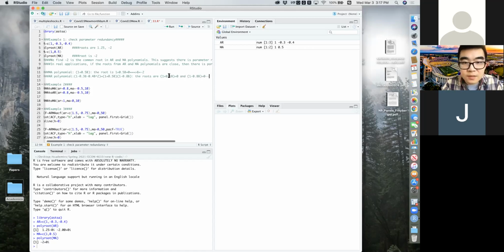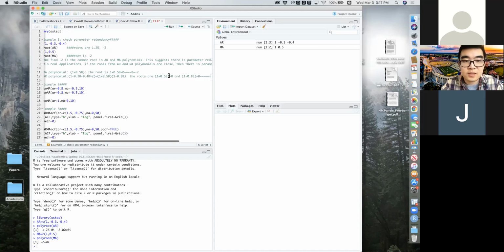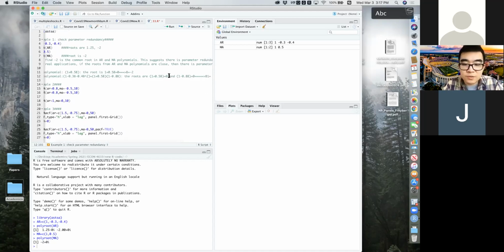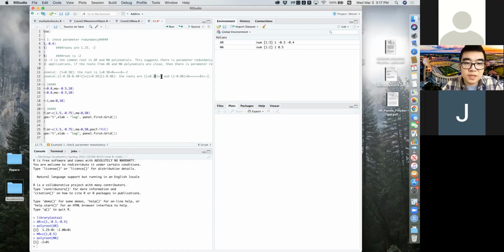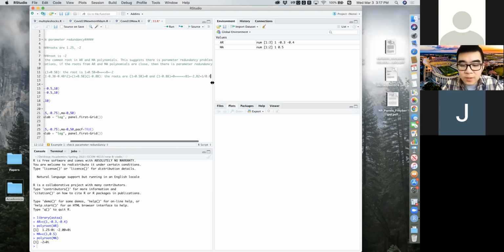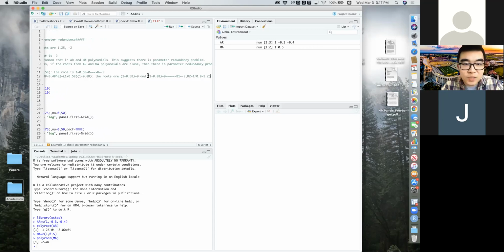Let's say b1 equals -2, which is the B that makes this equation equal to 0. And b2 is 1 over 0.8, so it's 1.25, which is the number that makes this equation equal to 0.